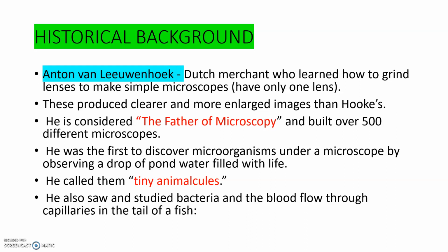Next, another important personality, Anton van Leeuwenhoek. He was a Dutch merchant who learned how to grind lenses to make simple microscopes, which consist of only one lens. These produced clearer and more enlarged images than Hooke's.